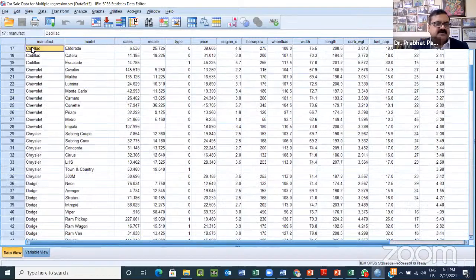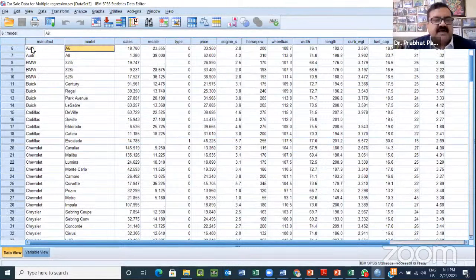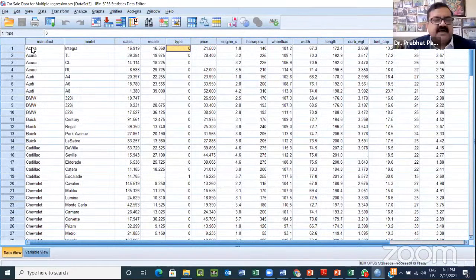And this is the model of cars that they are manufacturing. This is the data for the sale. This is the resale value. This is the type of the car, price of the car. And these are the categorical data like engine size, horsepower, wheelbase, width, length, curb weight, fuel capacity.